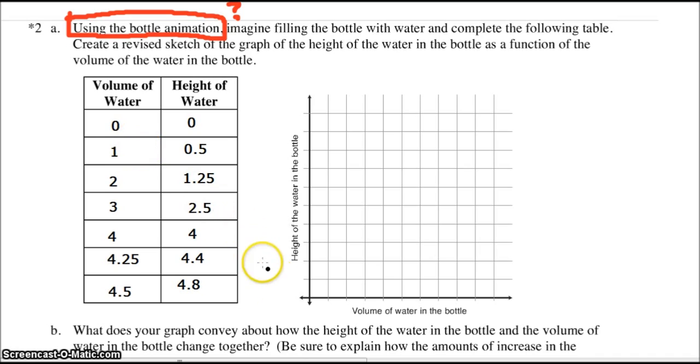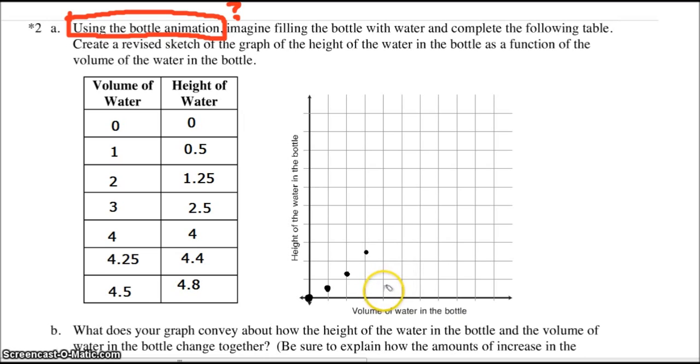So if the volume of water is 0, the height is 0, so we know this point 0, 0 is part of our graph. When the volume is 1, the height is 0.5. When the volume is 2, the height is 1 1/4. When the volume is 3, the height is 2 1/2.